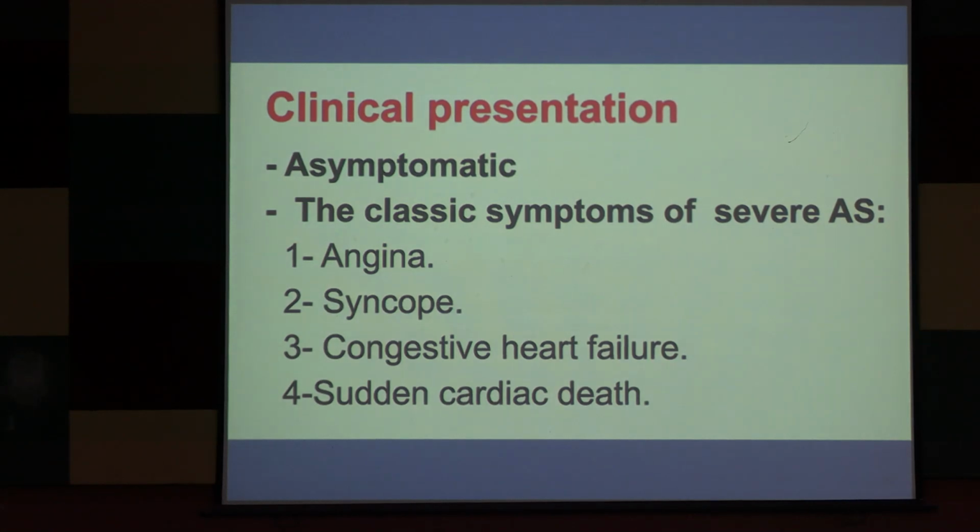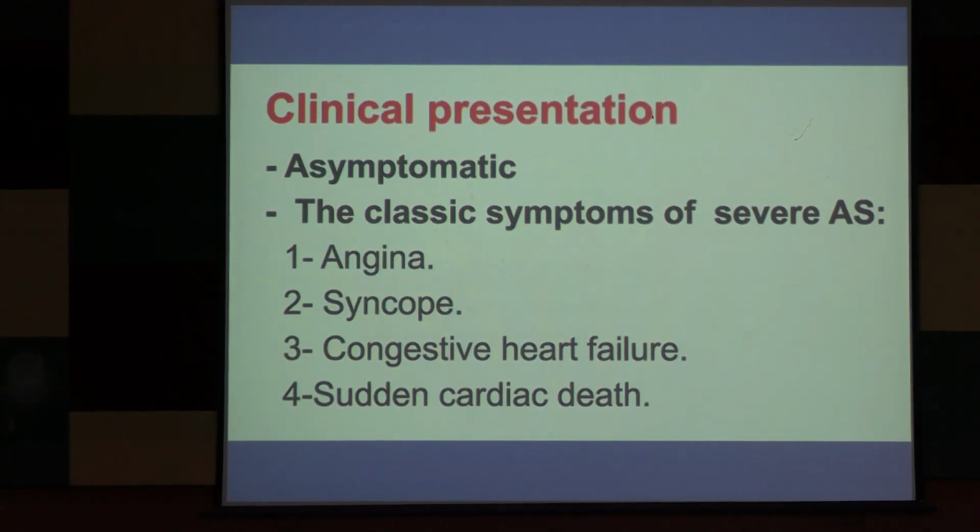Clinical presentation is SAD, really very sad. That means syncopal attacks, angina pectoris, and dyspnea, especially dyspnea on exertion. The classical triad or classical clinical features are SAD. That means S for syncopal attacks, A for angina pectoris, D for dyspnea on exertion.